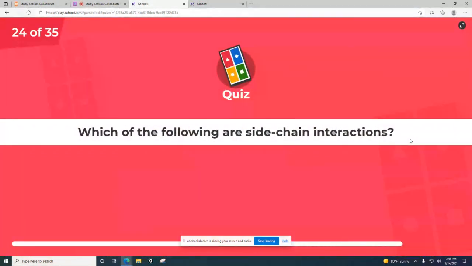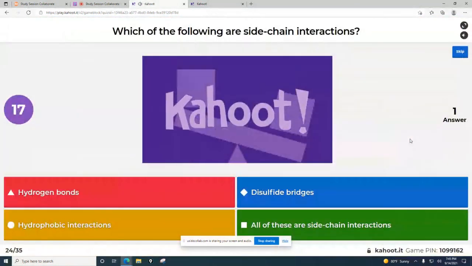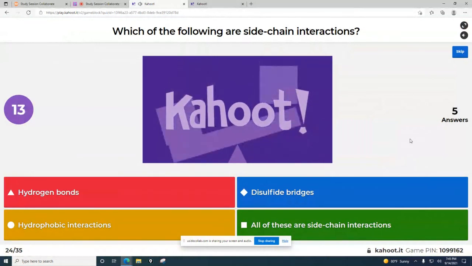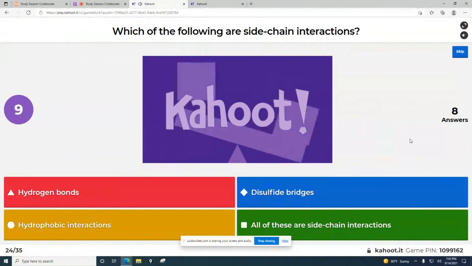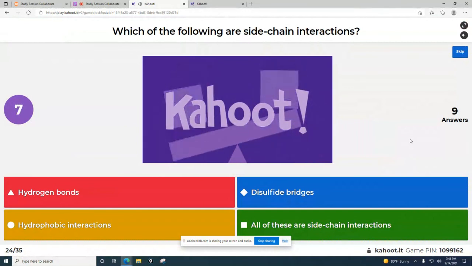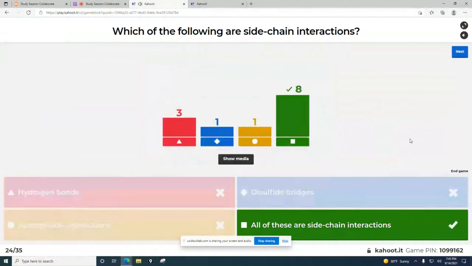Which of the following are side chain interactions? Okay, so we said that the tertiary structure of a protein is held together by side chain interactions, but it's crucial that you understand, okay, what does that mean? What are those?